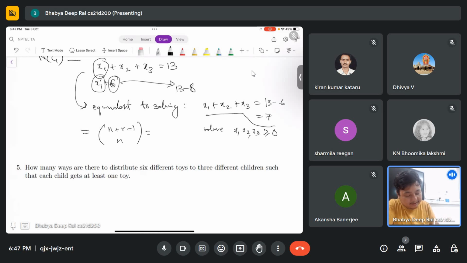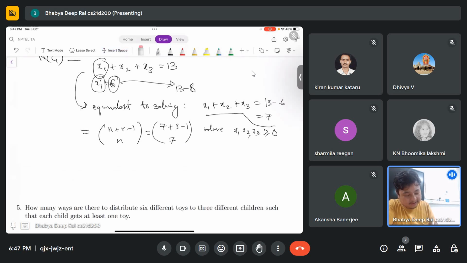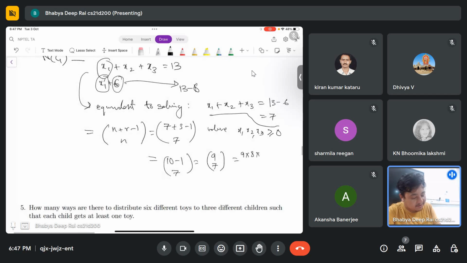What is n here? 7 plus 3 minus 1, choose 7, which is 10 minus 1, choose 7, which is 9 choose 7, which is 9 times 8 over 2 factorial, since 7 factorial cancels out. So 4 eights are 32, 4 nines are 36.